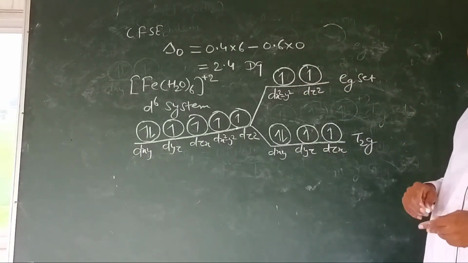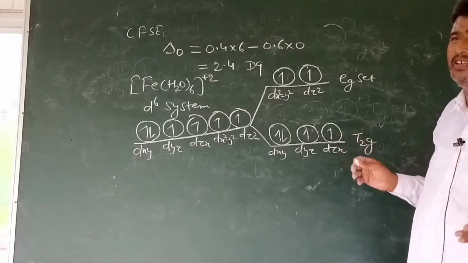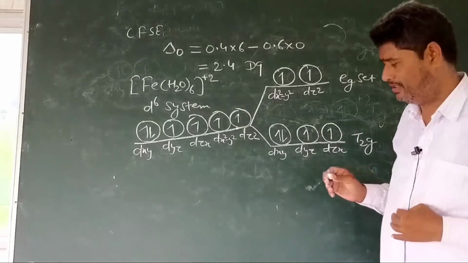So now delta O, the crystal field stabilization energy for octahedral. O means octahedral.